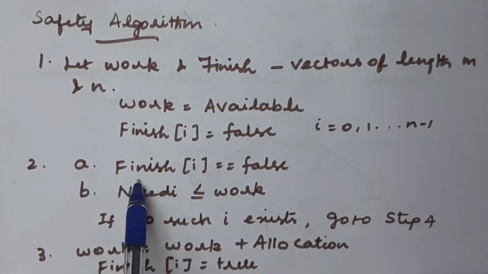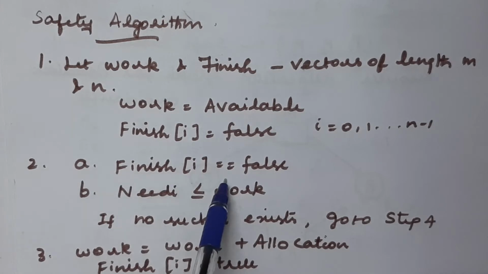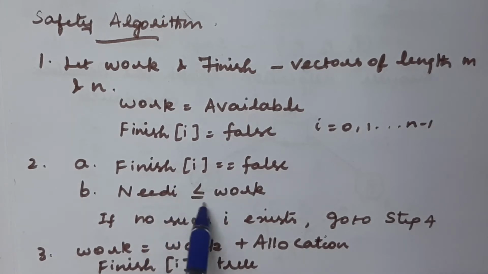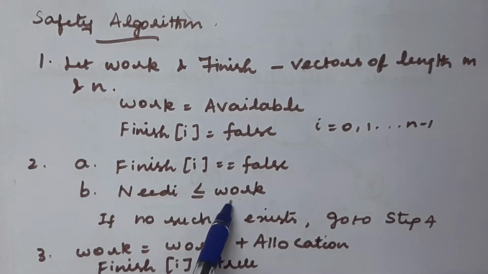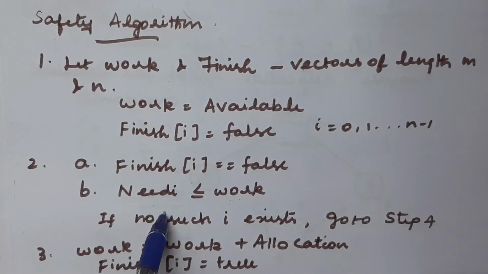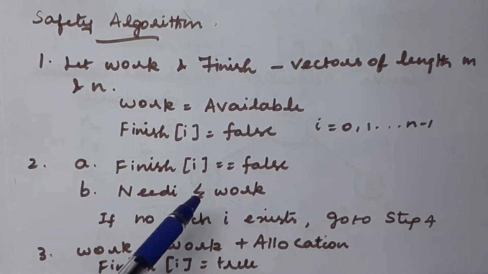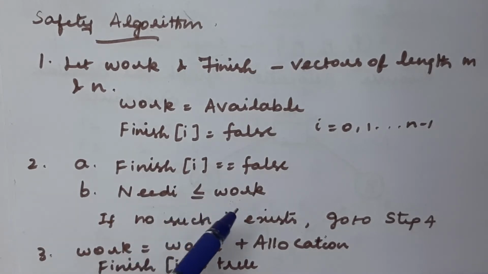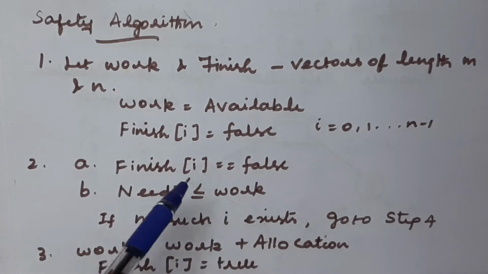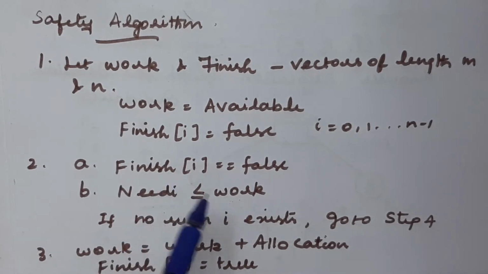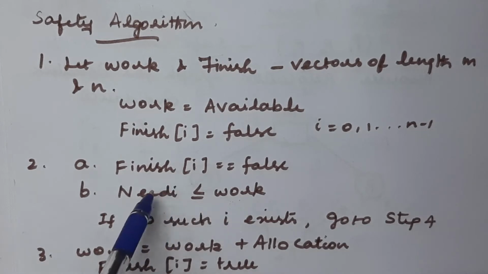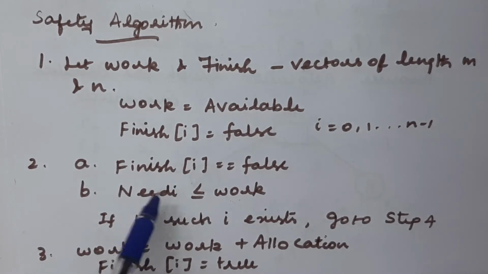The next one, second: finish of i equal to false and need i is less than or equal to work. So work is nothing but the current available resources, and need i is the additional resources a particular process needs. After the allocation of some resources, what could be the remaining resources it needs, which is the need value, which we can calculate easily with the help of max and allocation.